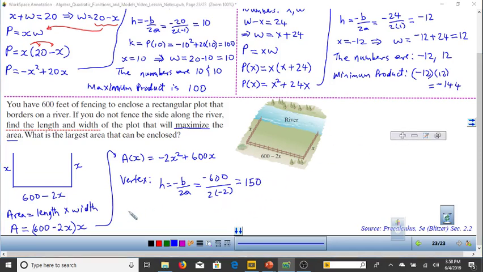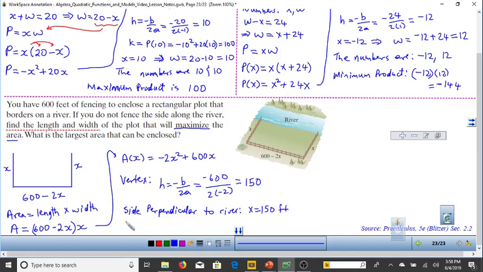So then the side that's perpendicular to the river is 150 feet.